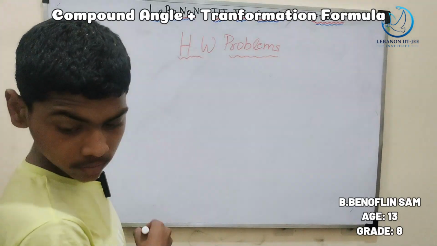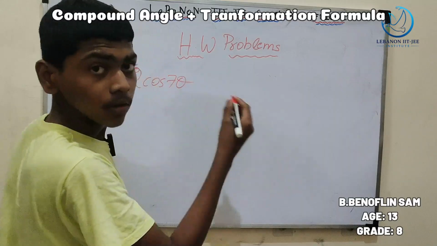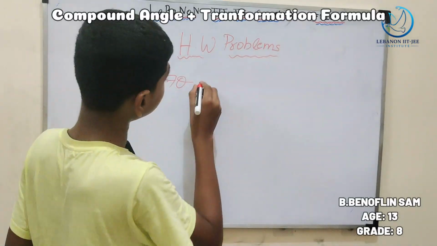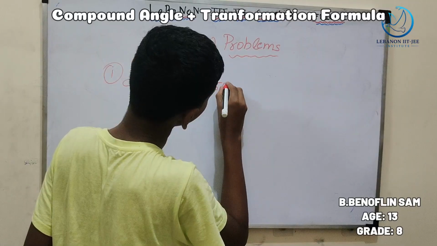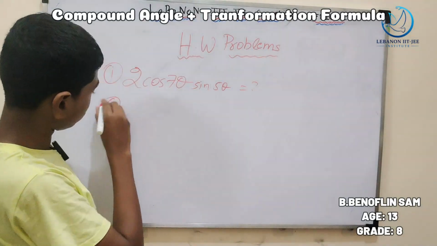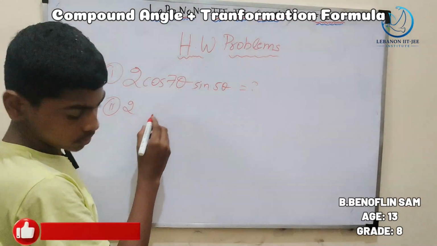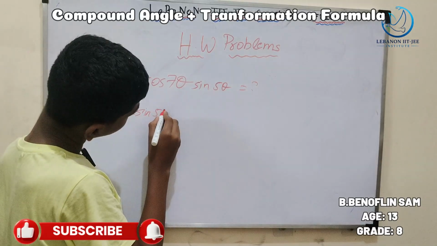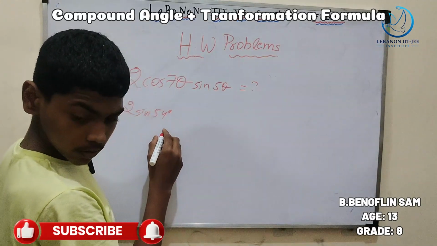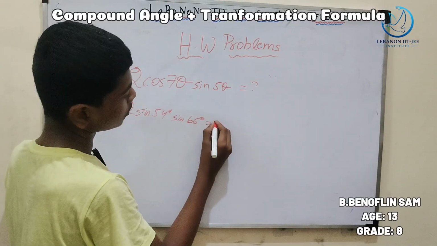The first question is 2 cos 7 theta sine 5 theta, what is it? Very simple question, you have to do this. Number 2: 2 sine 54 degrees into sine 66 degrees is what?